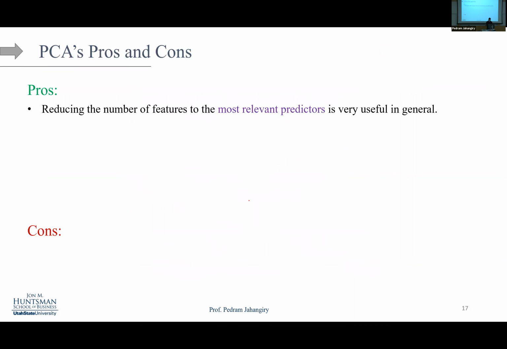So pros and cons. Obviously, one of the biggest advantages of doing PCA is reducing the dimension, reducing the number of features to the most relevant predictors, which is very useful in general. Dimension reduction facilitates data visualization in 2 or 3 dimensions, right?